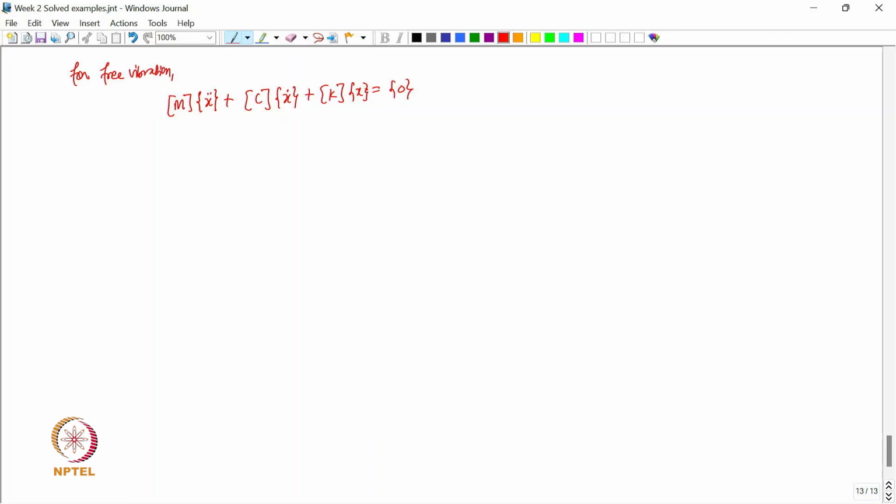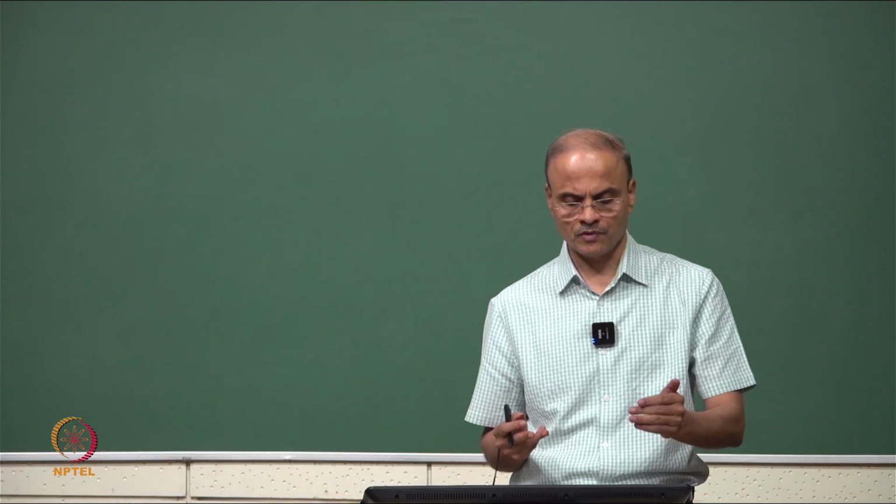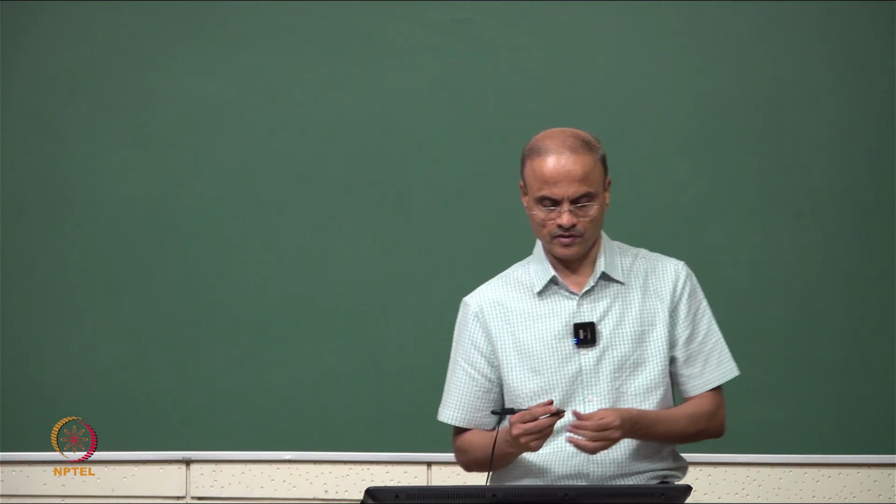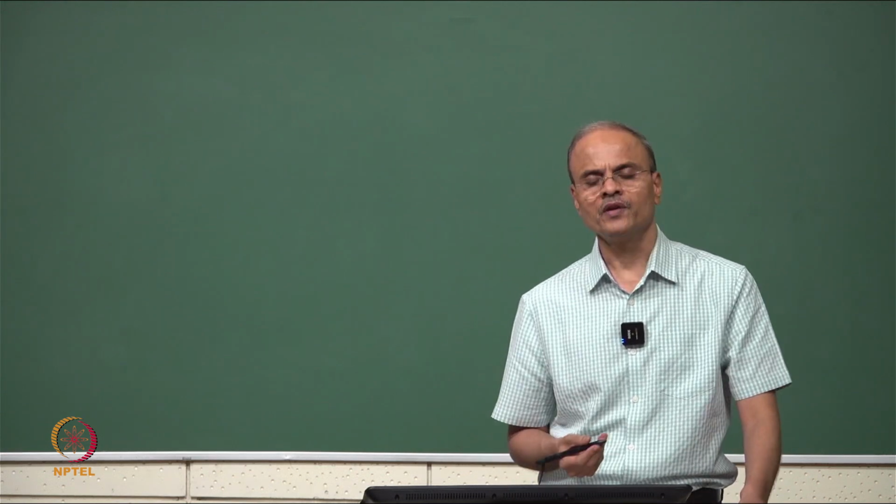So, instead of directly using some result to find modal damping factor, I am showing you how fundamentally we can get to those relationships, which of course we have studied in the lecture classes to some extent, but I am starting from a fundamental basis. So, this is the free equation of motion for free vibration of a multi-degree of freedom system.